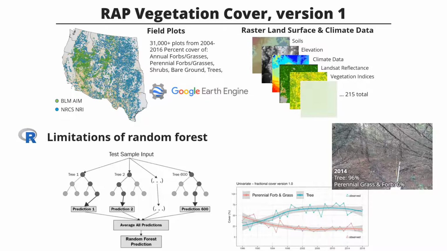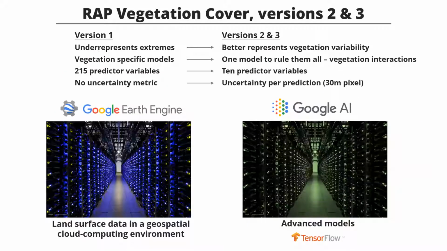The reason is because it's doing all of this averaging. At the time, this was really powerful. It was still able to tell us, using satellite imagery and environmental variables, that the model thinks there's a lot more tree cover here than perennial forb and grass cover. That was really useful at the time, but was a limitation because it couldn't really represent that ecosystem.